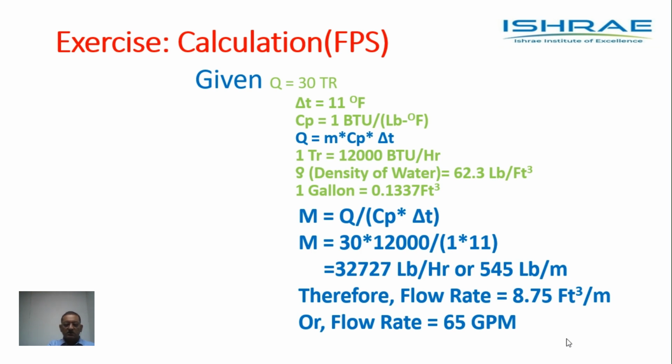Design margin is a concept that we use to cater for the uncertainties and also degradation of the system in future. For that, we keep certain amount of margins. So here it is coming 65 GPM. We could use 70 GPM or 75 GPM depending on our level of ignorance about the system and its performance.